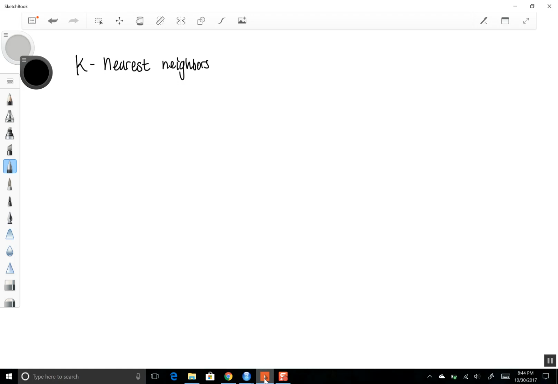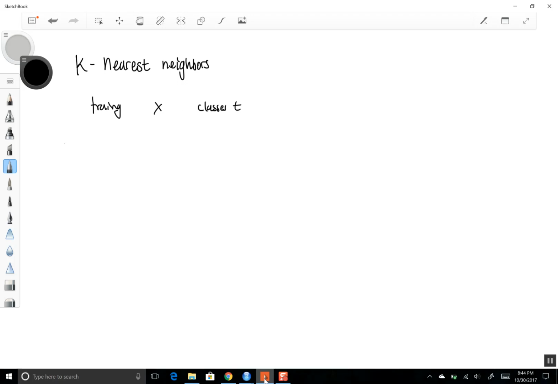The idea behind k nearest neighbors is that your training data has x values, X, and classifications t.